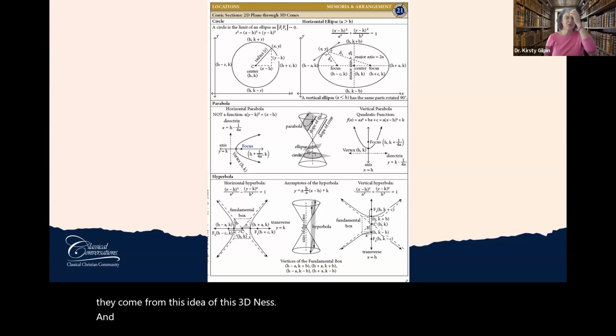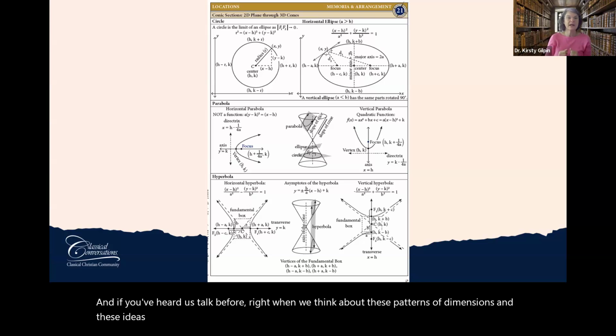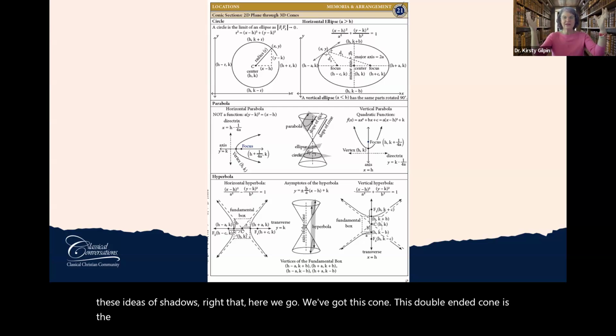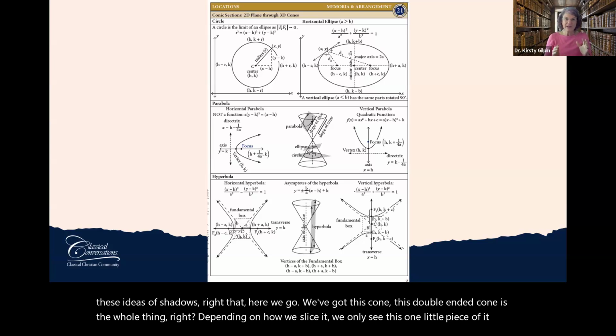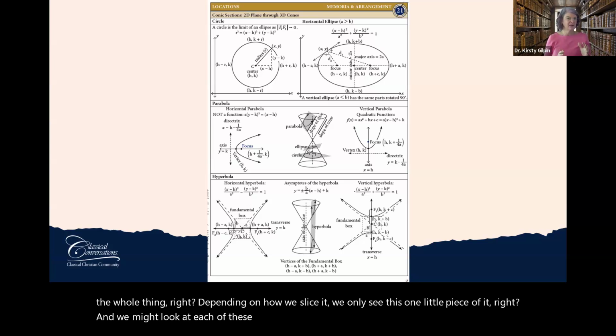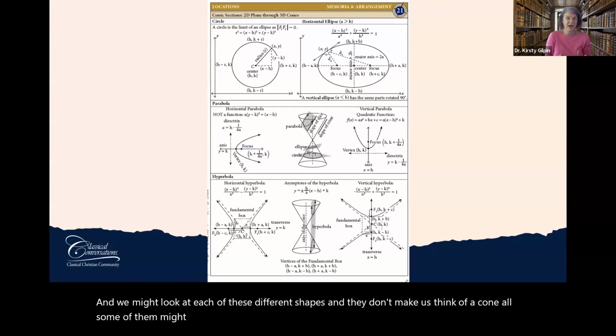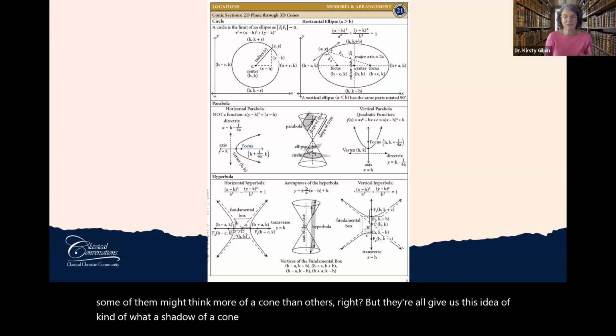If you've heard us talk before about these patterns of dimensions and ideas of shadows, here we've got this double-ended cone as the whole thing. Depending on how we slice it, we only see one little piece of it. We might look at each of these shapes and they don't make us think of a cone at all. Some of them might make us think more of a cone than others, but they all give us an idea of what a shadow of a cone might look like.